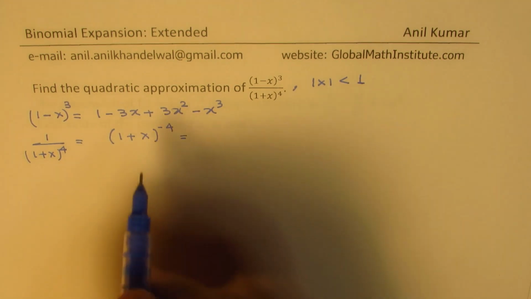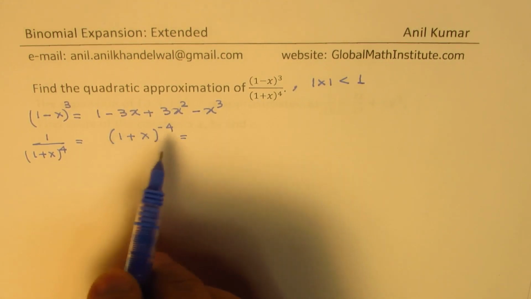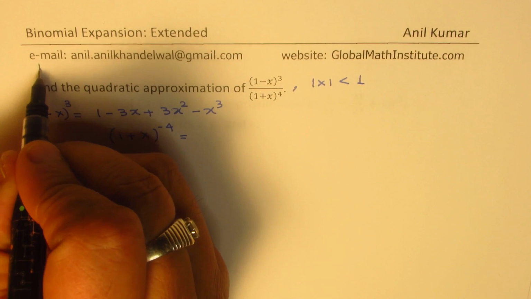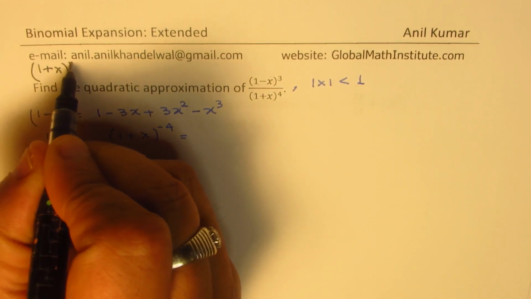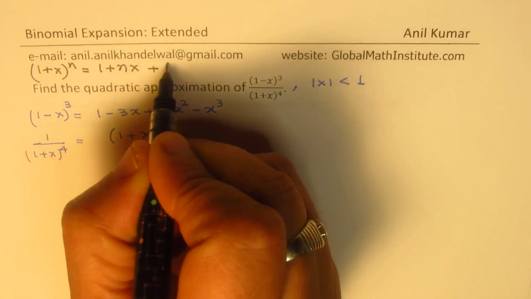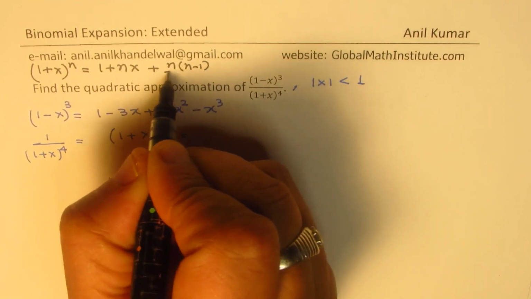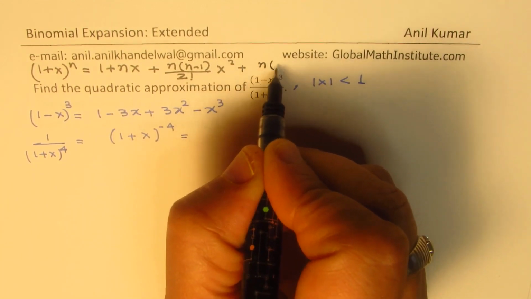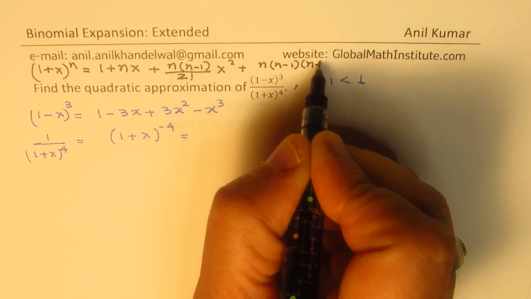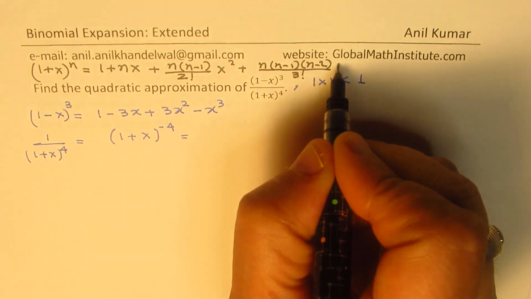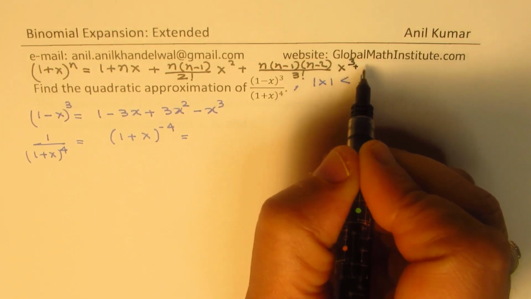Okay. So the expansion for this is, let me give you the general formula that will help you to recall. (1 + x)^n is basically equal to 1 + nx + n(n - 1)/2! x^2 + n(n - 1)(n - 2)/3! x^3 + and so on, right?